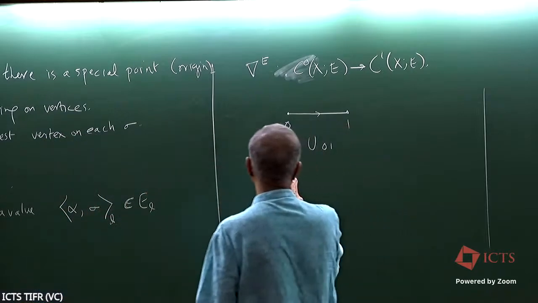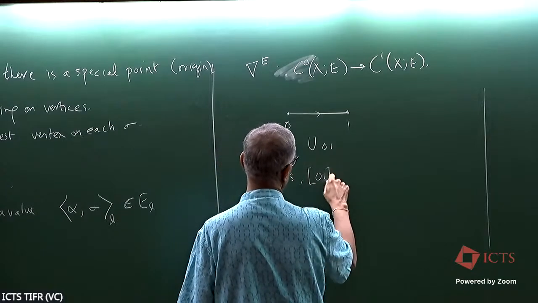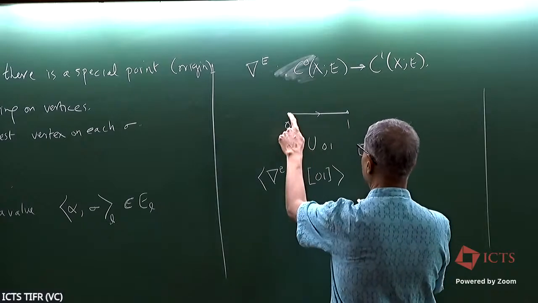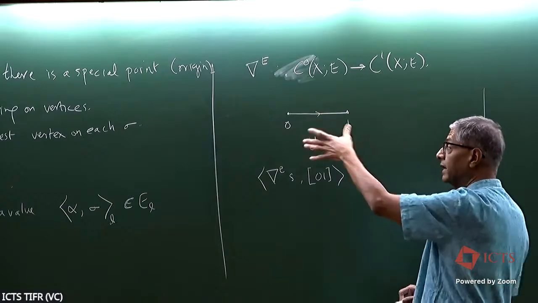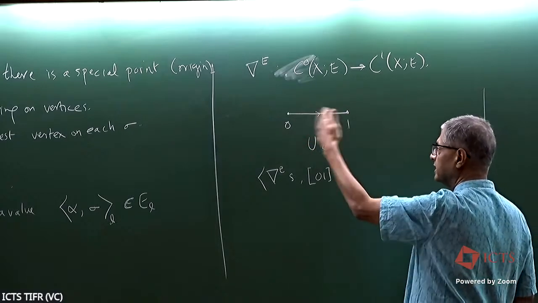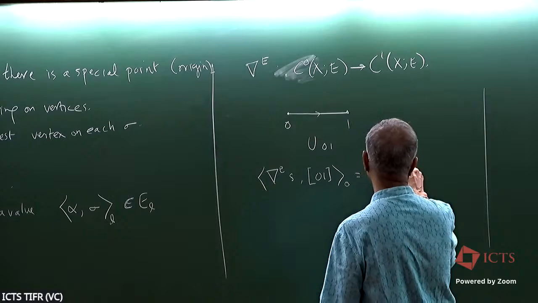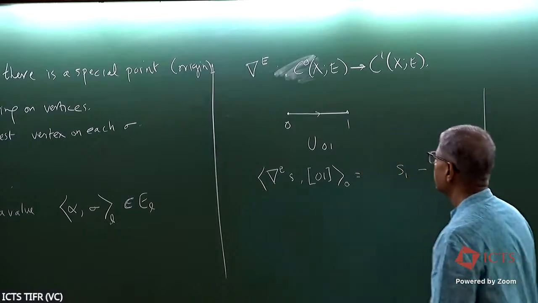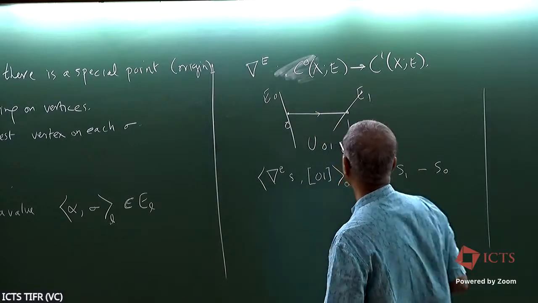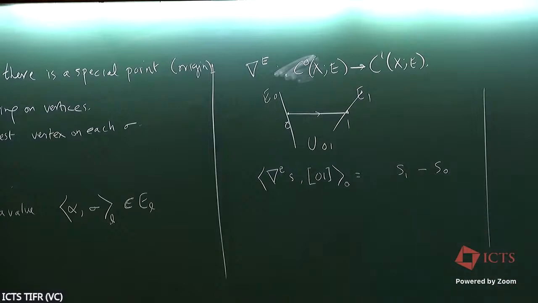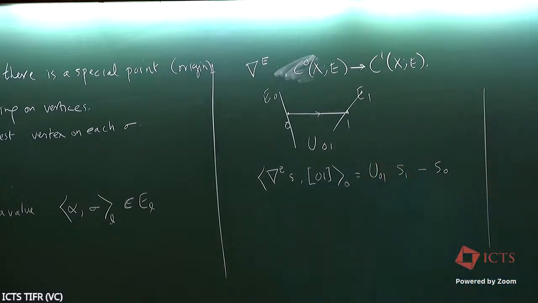The covariant derivative of this section evaluated on this edge is going to live at the lowest vertex of the edge. We have to associate the value that the edge will take somewhere, and we've decided to pick the lowest. That's simply almost S1 minus S0. The problem with doing S1 minus S0 is that this is your E0 and this is your E1, and it doesn't make sense to compare vectors living in different places. So you just bring it to 0. So that's your covariant derivative.